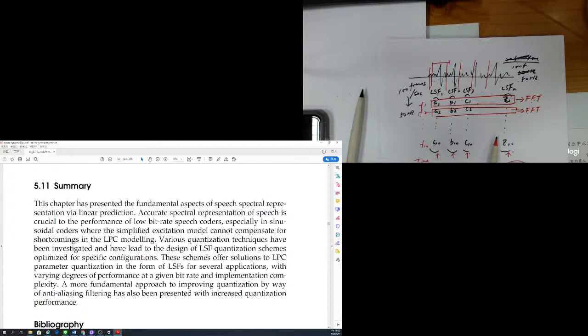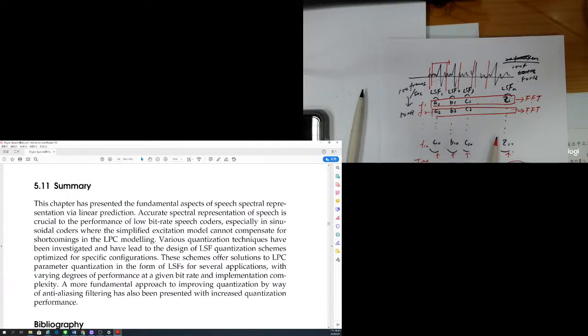So you have an A transfer function and a reverse transfer function B, and according to the glottis open and close, we can come up with the sum and difference equations like P of Z and Q of Z. Based on P of Z and Q of Z, we find their solutions are distributed on the unit circle.